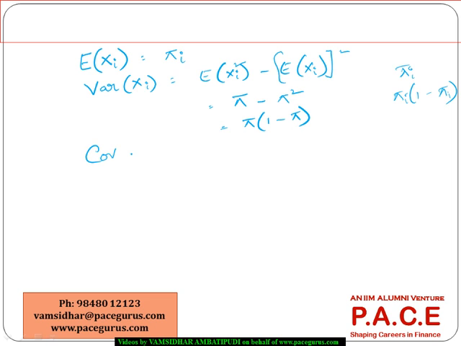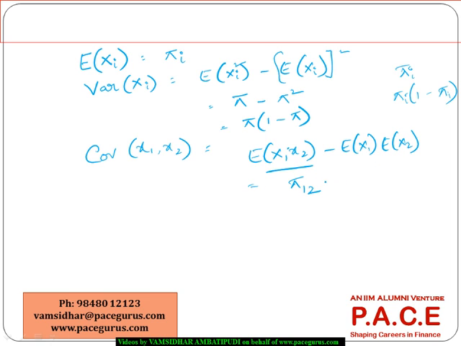And what about the covariance between any two pairs? Covariance between x1 and x2, the covariance between the two firms defaulting simultaneously, is nothing but expectation of x1 x2 minus expectation of x1 into expectation of x2. So that is nothing but pi 1 2 minus pi 1 times pi 2. So from here I can derive the correlation between the two defaults x1 and x2.